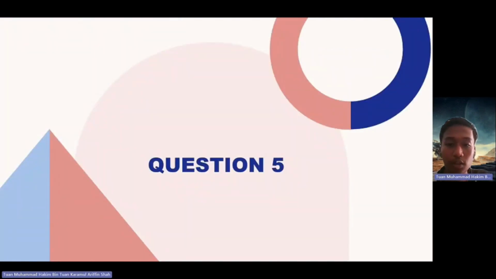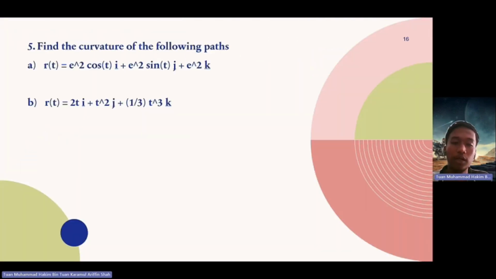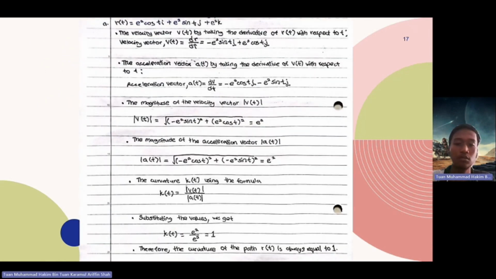Okay, move to question 5. For question 5, find the curvature of the following curves. For question 5A, first thing first, we need to differentiate to get the velocity vector, and we got the answer. Then we do the second derivative to get the acceleration vector by taking the derivative of v(t) with respect to t. We find the magnitude of the velocity vector v(t).